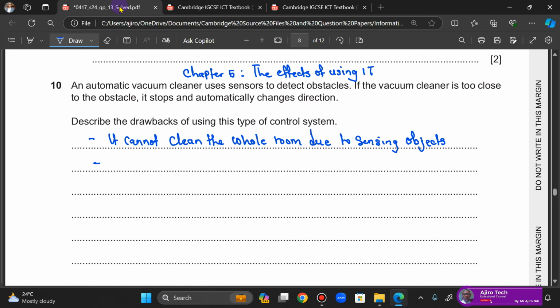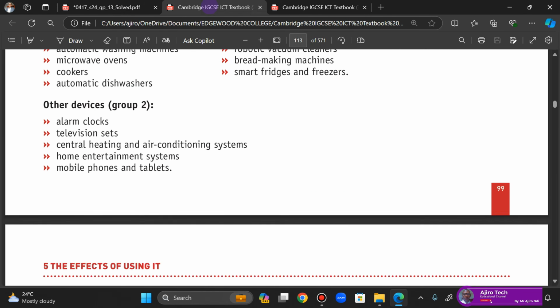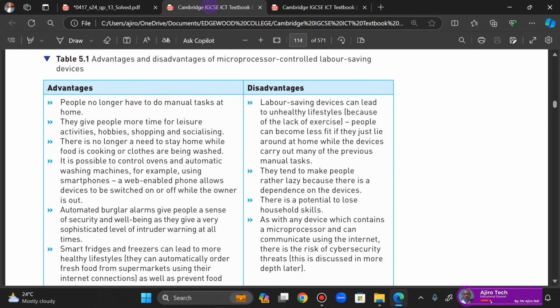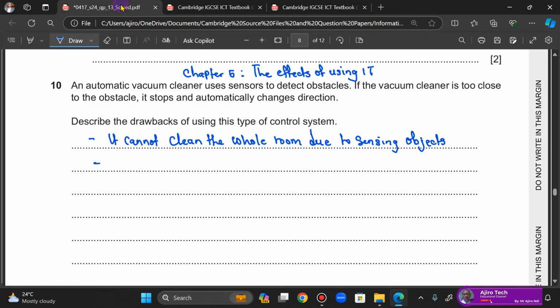Another drawback is we become too reliant on this technology. They tend to make people rather lazy because there is dependence on these devices generally.